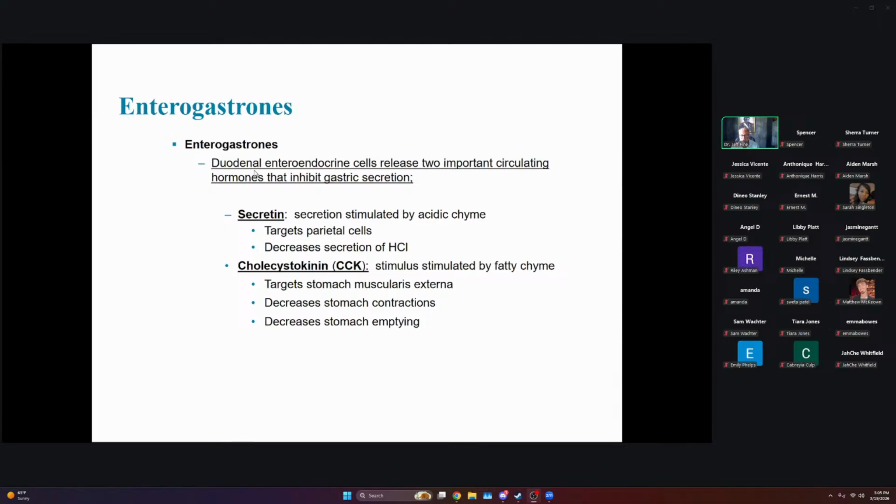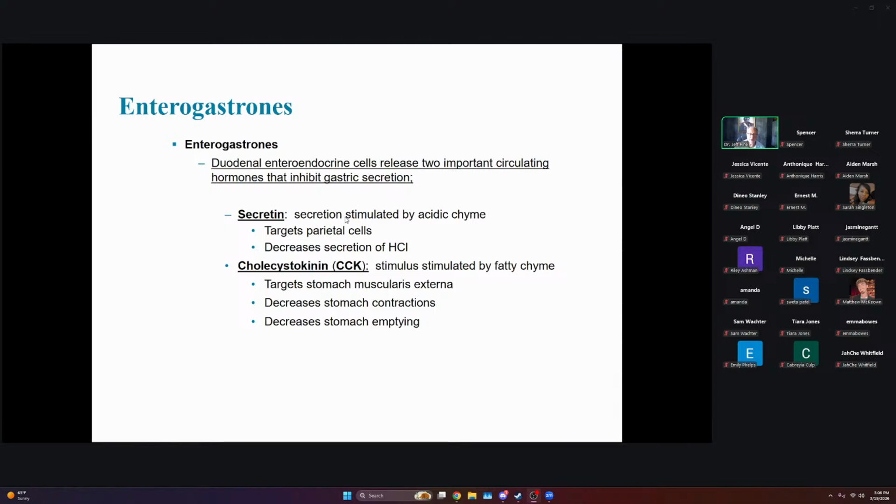The duodenum has enteroendocrine cells built into the walls, and specifically the enteroendocrine type cells release two important circulating hormones that relate to gastric secretions, so gastric secretion, the rate at which food passes out of the stomach into the small intestine.